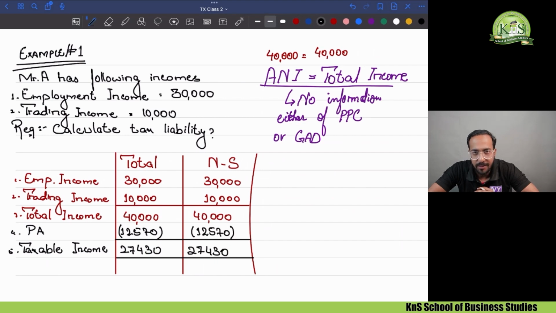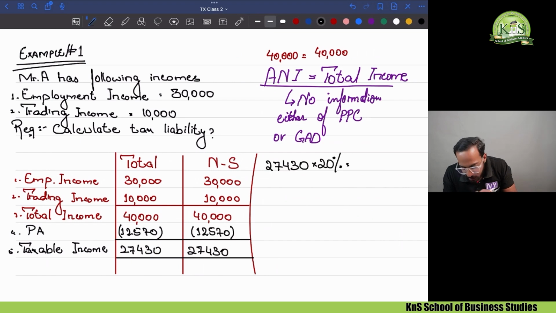The reason is that Mr. A's total taxable income is less than 37,700. So I just need to apply 20%, because the basic rate non-saving tax rate is 20%.